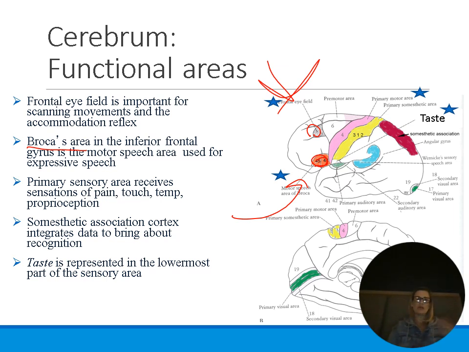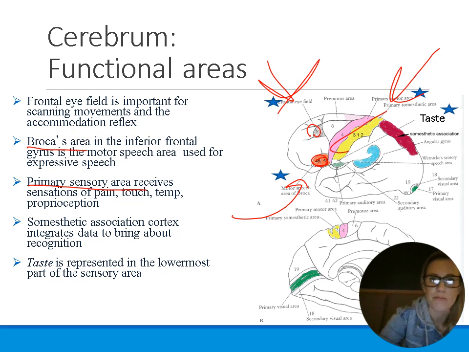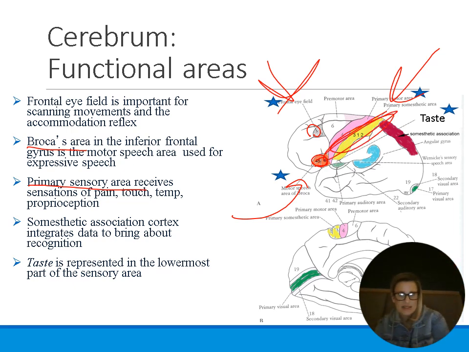So, for example, let's talk about the somatosensory areas. The primary somatosensory area is this area back here in the post-central gyrus. This is where we receive sensations of pain, touch, temperature, pressure, proprioception.